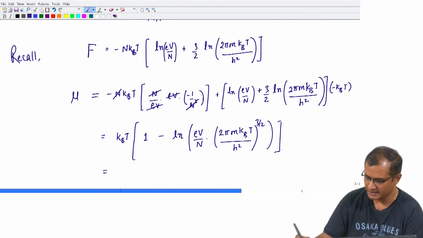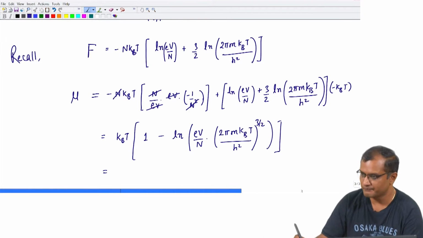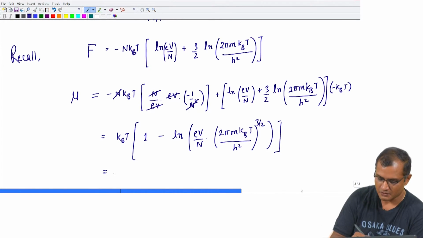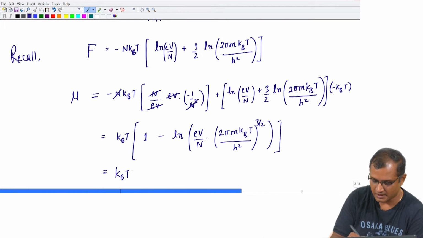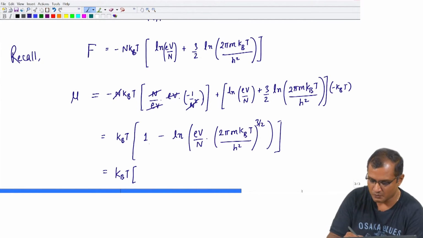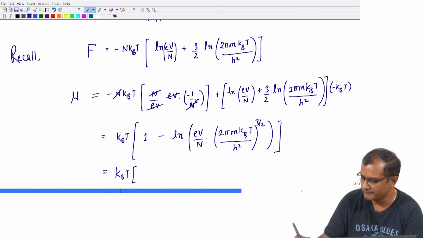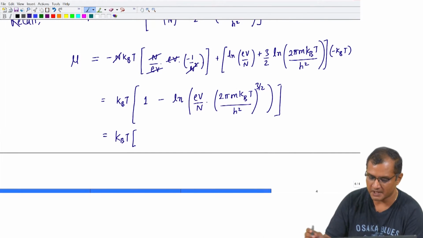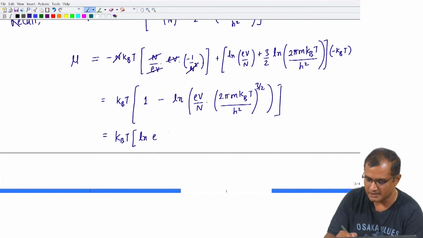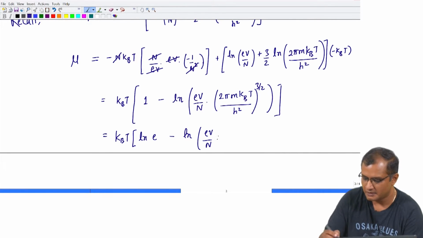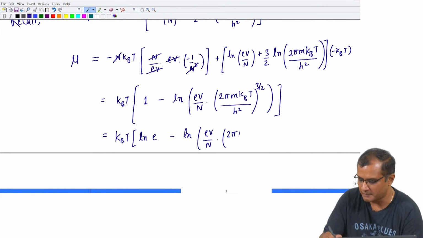One more step, I can write this 1 as ln e, like k T, I can visualize this 1 as ln e to the base e. So it will simply become ln e to the base e minus ln e v by n into 2 pi m k b T by h square to the power 3 half.